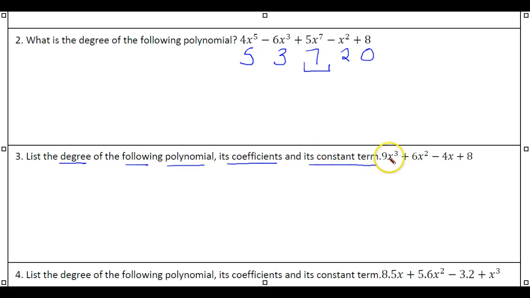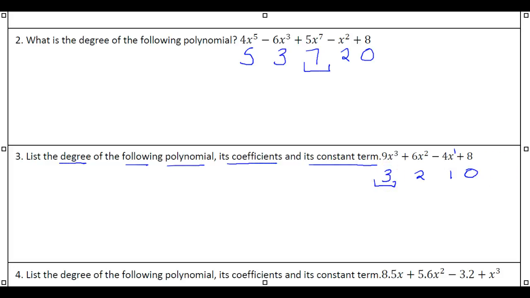So as we look at this, the degree of this one is 3, degree of this one is 2, this one is 1. If there's no exponent, remember there's a 1 there, and this is 0. So the degree of this polynomial is the largest of any single term. It's 3.